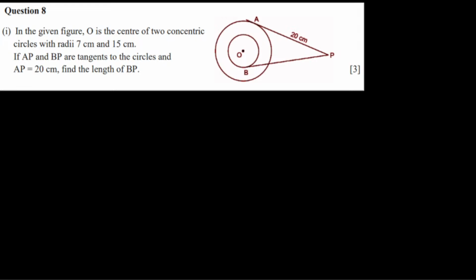So we have to start from question 8. Question number 8 you can see on my screen. So let's start. I think we have good strength to start. So let's start from question number 8.